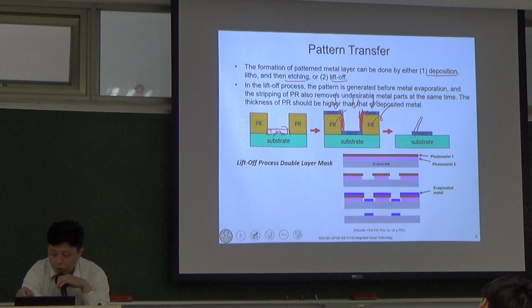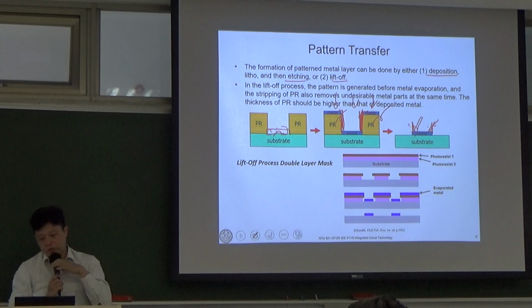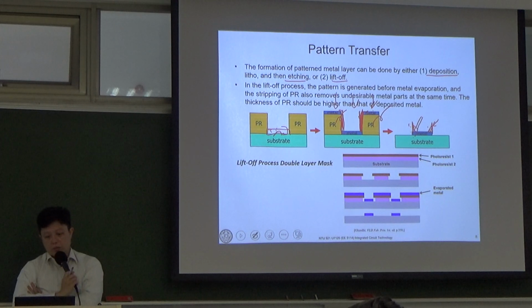Or if it sticks here, you will see there's a rabbit ear here, like this. That's the residue from your metal deposition on the side wall. So that's what we call a rabbit ear here.